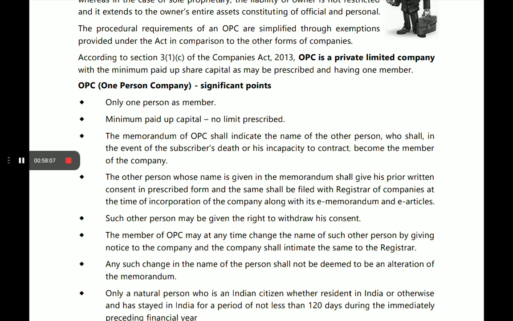The other person whose name is given in the memorandum shall give his prior written consent in the prescribed form, and the same shall be filed with the Registrar of Companies at the time of incorporation of the company, along with its e-memorandum and e-articles.